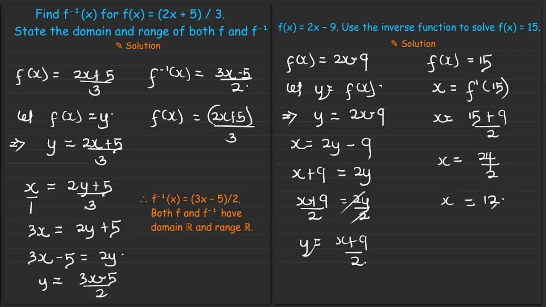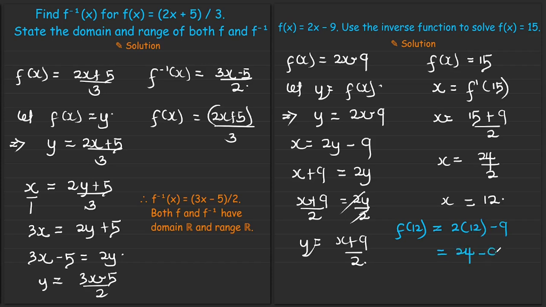Hence our x is what? 12. Now after this, you can choose to what? Verify. So verifying here simply means let's find f of 12. That is, we are putting x in place of its original function. And that is going to be 2 into bracket 12 minus 9. This here gives us 24.